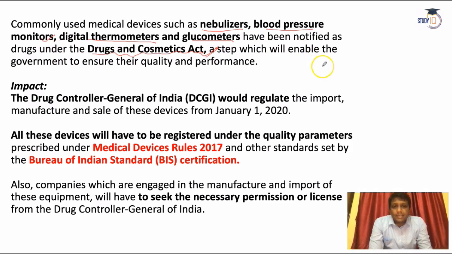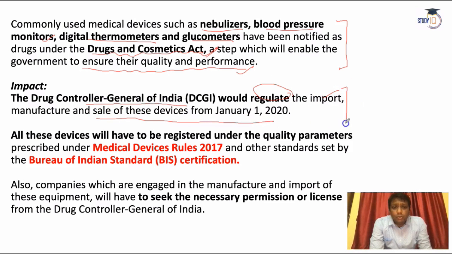It's a step which will enable the government to ensure the quality and performance of these nebulizers, blood pressure monitors, digital thermometers and glucometers, because wrong information would be the worst for human beings. Your treatment and everything will go wrong. The Drug Controller General of India will regulate the import, manufacture and sale of these devices from 1st January 2020.